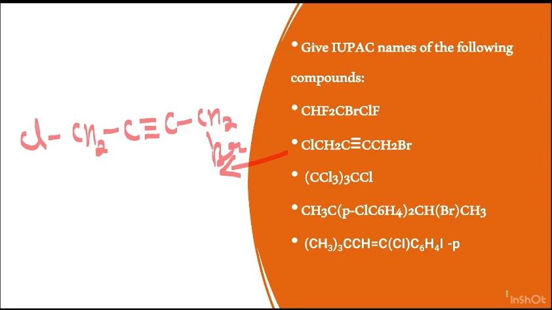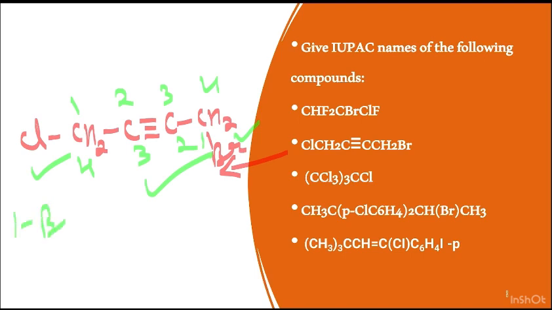So I'll start numbering from this side. Suppose I number from this side, I am getting butyne. I number from the other side, I also get butyne. So I can number from any side. Which one to be preferred? From where the halogen that comes alphabetically first gets the lowest number. So this is what I am going to prefer. So it becomes 1-bromo, 4-chloro, but-2-yne.